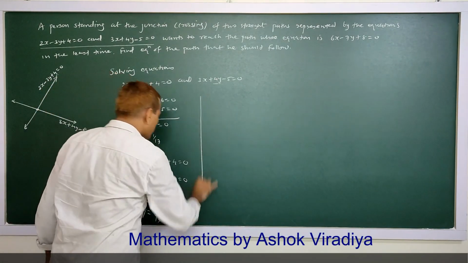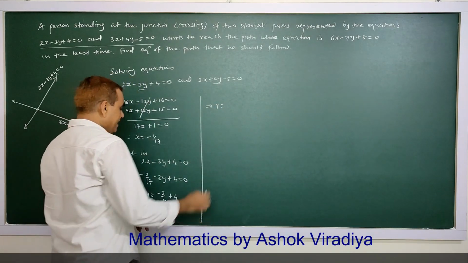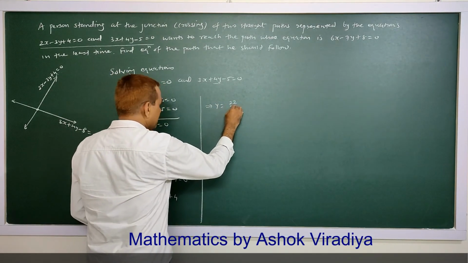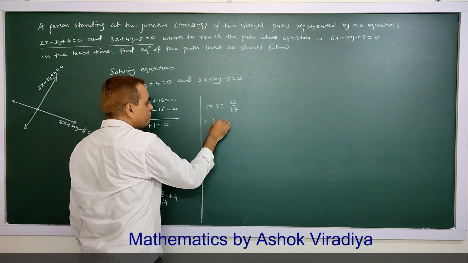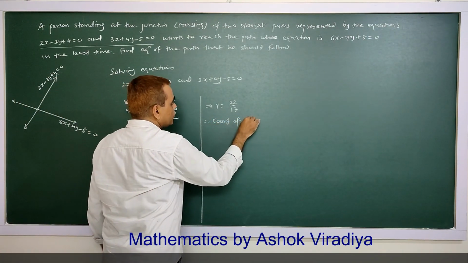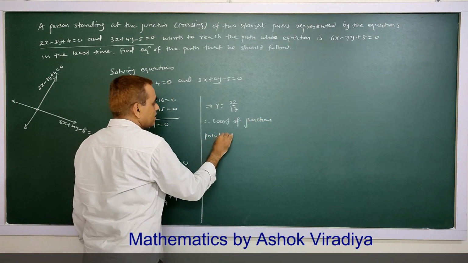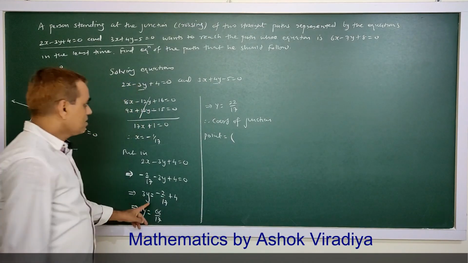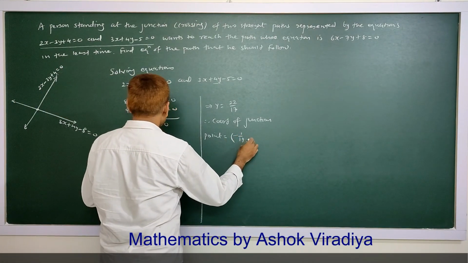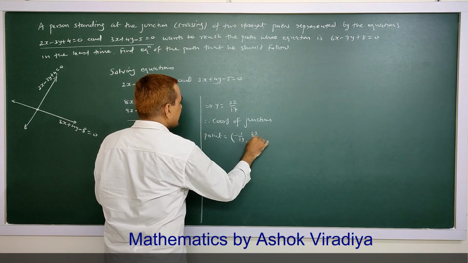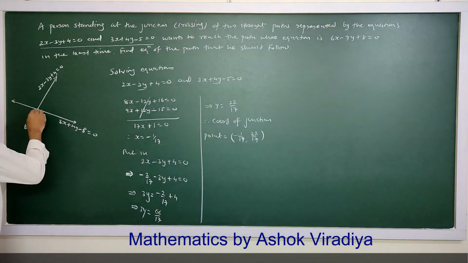So y is equal to, therefore y is 22 by 17. Therefore coordinates of junction point are x coordinate is minus 1 by 17, y coordinate is 22 by 17. So we have obtained coordinates of this point.